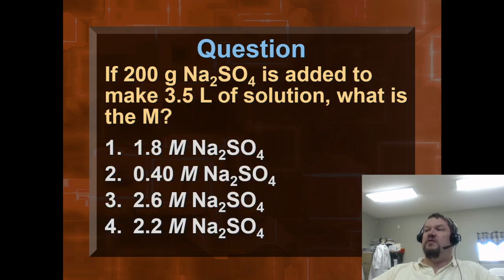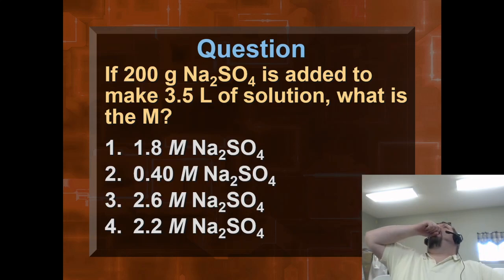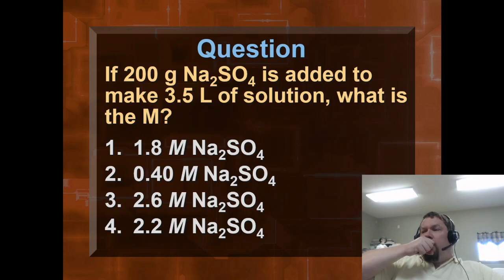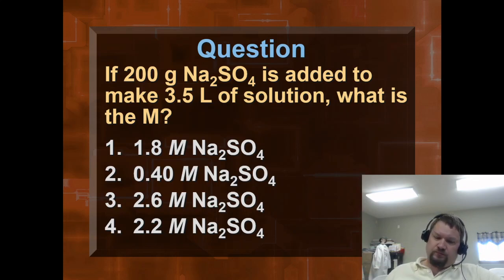200 grams of sodium sulfate is added to make 3.5 liters of solution. What is the molarity? Remember, you got to convert those grams to moles before you can do this kind of problem.